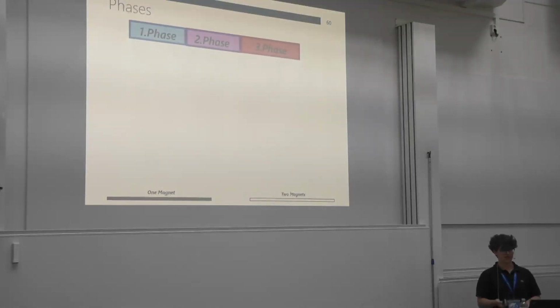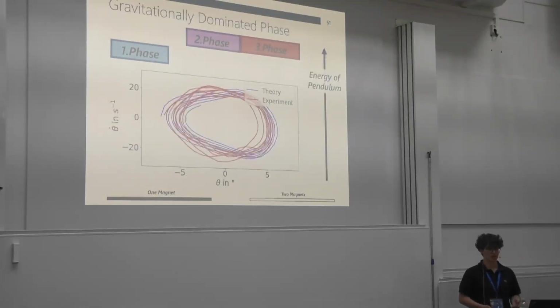Looking at the phase spaces of those phases, we can see that in the first phase we have an ingoing elliptical in the phase space, which generally speaks for a damped oscillator, since in this case, due to the high distance between the magnets, the upper and the lower magnet, one can assume that this is a gravitationally dominated phase, since the energy of the pendulum is still very high.